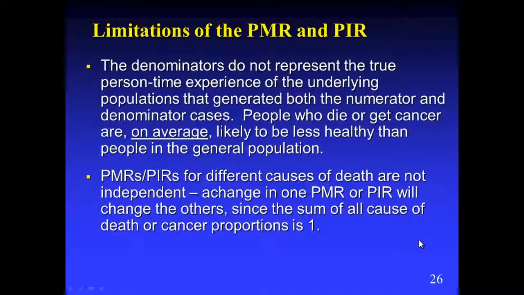So they're not independent, because the proportions ultimately have to sum to one. So those are the limitations of the PMR and the PIR. They can be very useful if all we have is a database on health outcomes and we don't have any real population data, but they're not as good as measures based on the general population that we're looking at.